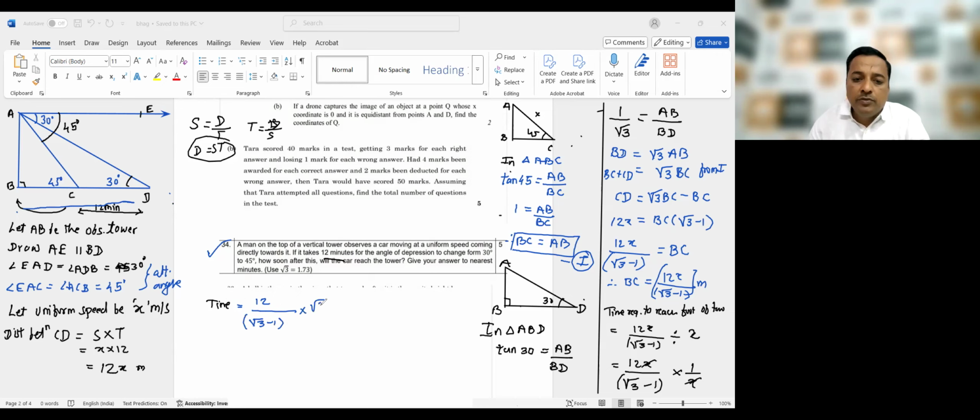If we multiply this by √3 plus 1 upon √3 plus 1, then it becomes very easy.